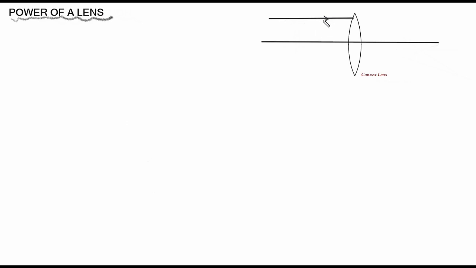As we know, when a ray passing parallel to the principal axis is incident on any mirror or lens, it will pass through the focus.